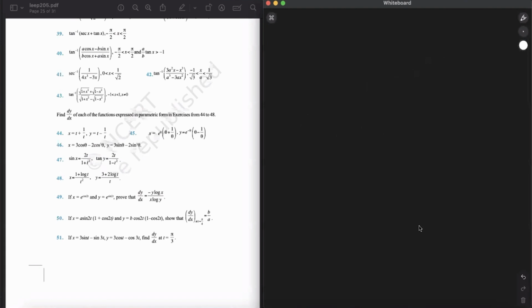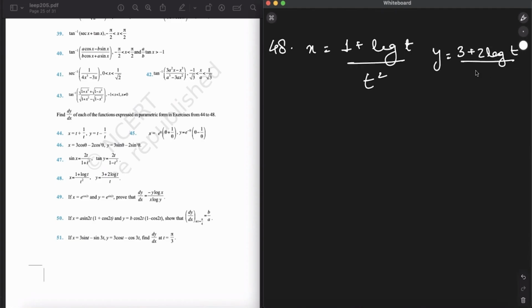Okay. So moving forward, question number 48. x is equal to (1 plus log t) whole divided by t square, and y is equal to (3 plus 2 log t) whole divided by t.